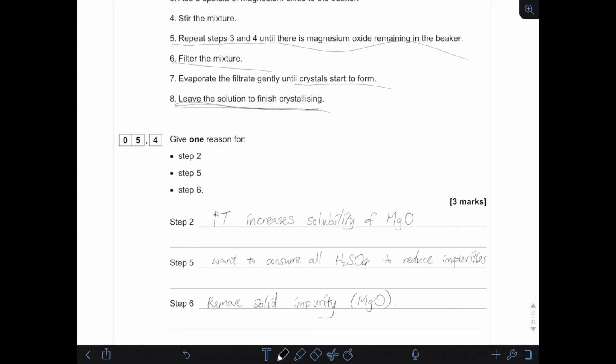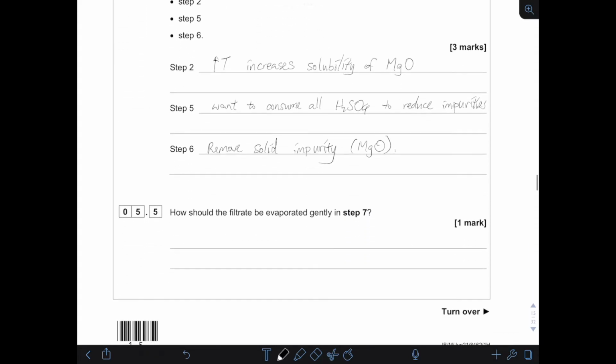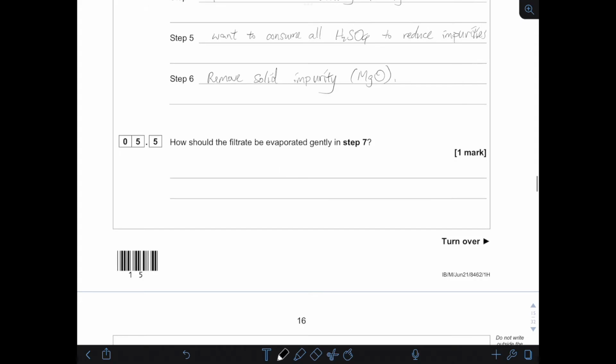If we evaporate the filtrate gently until crystals start to form, we need to start a nucleation of a crystal. So you need to start growing the crystal. So you probably want to warm it up with a warm water bath. It's probably fine.